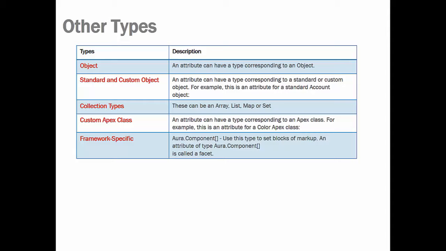But you'll learn how to use collection types of a list, map, or a set. Then we'll be talking about custom Apex classes as types, and later we'll be talking about framework specific types. Now those will come in some of my later videos, but for today, we're going to be covering basic types.